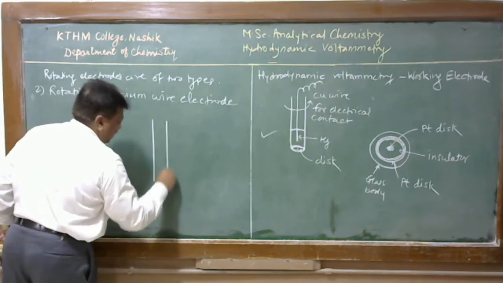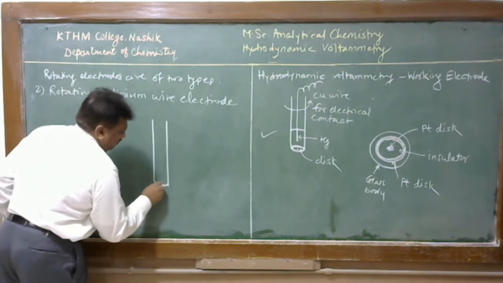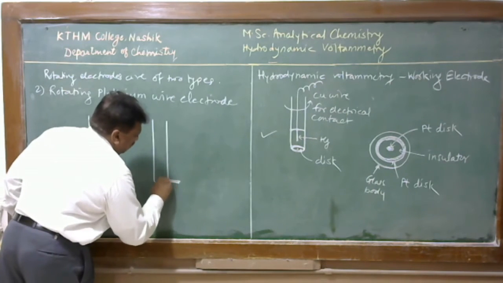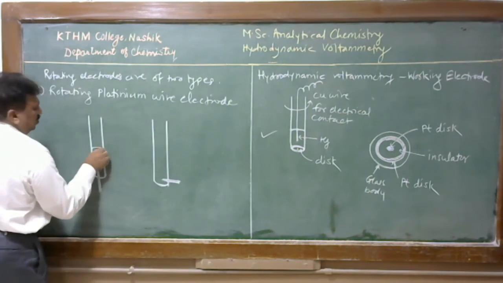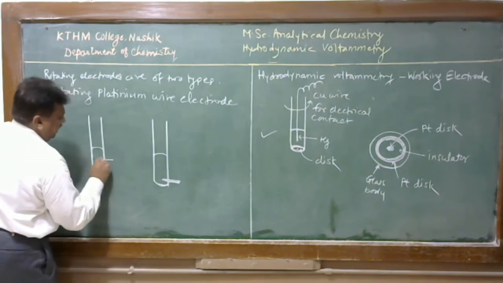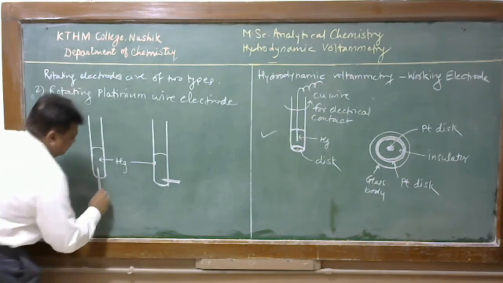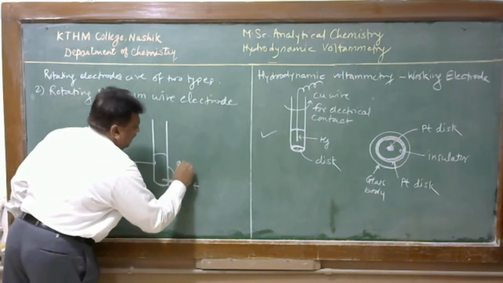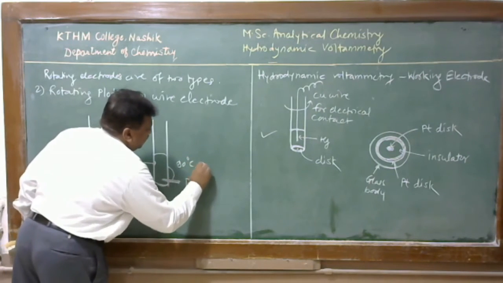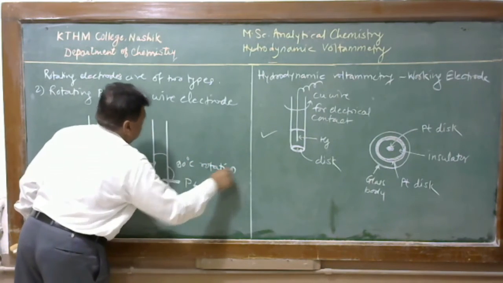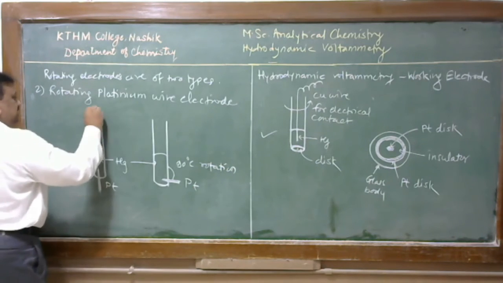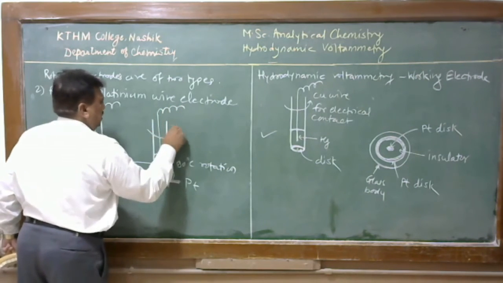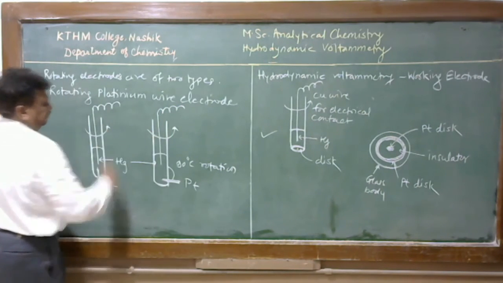Sometimes this platinum metal may be sealed in this fashion, at right angle to the axis of rotation. Inside the tube, mercury, Hg, is added. This is a platinum wire at the angle of 90 degrees. Again a copper wire is inserted for electrical contact, and this is the direction of rotation.